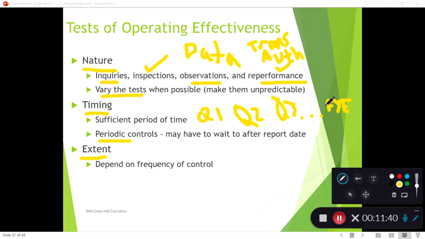So if the report date is fiscal year end, then you want to do it before that. But if the report date for the opinion is later, then we might be able to wait after fiscal year end.